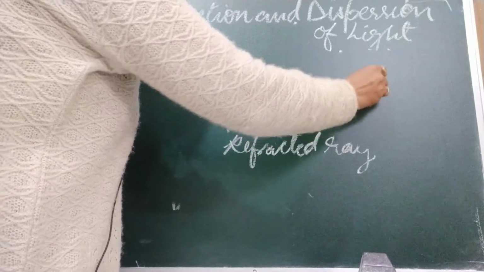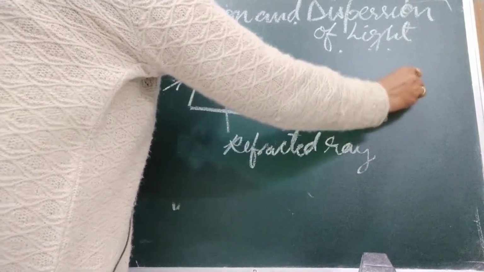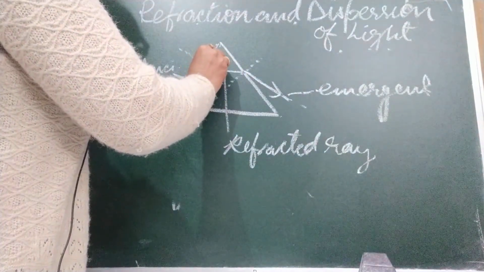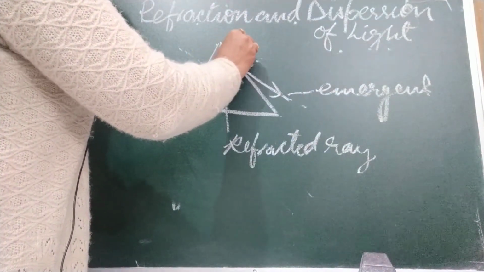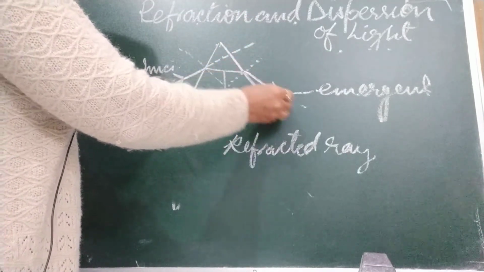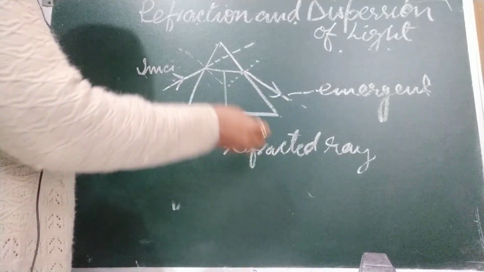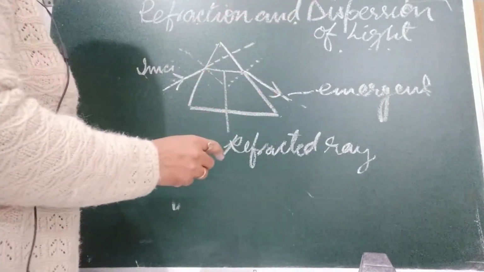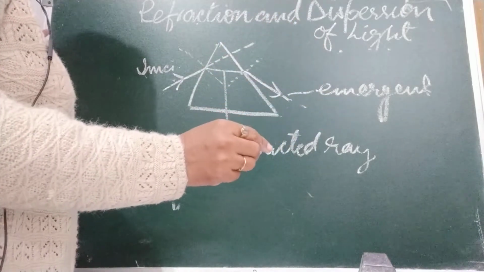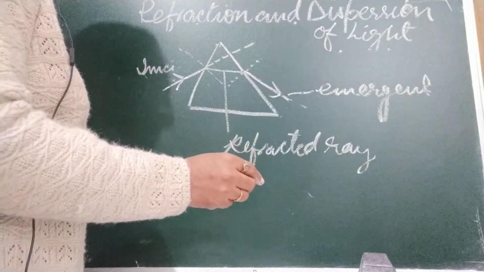You are seeing the incident ray is not going straight. Okay, it is not going straight due to the angle and the medium. The emergent ray is shifted like this. How much has it shifted? Like in the glass slab we have seen, it did not change the direction, it was only displaced.